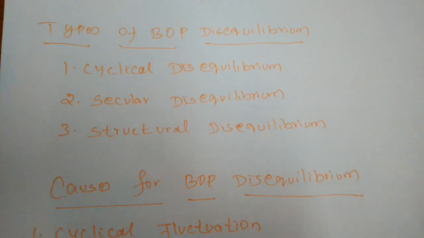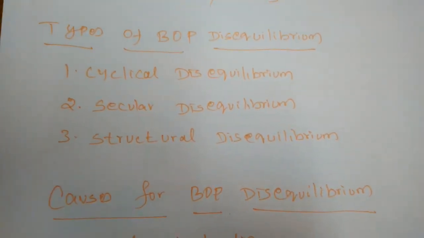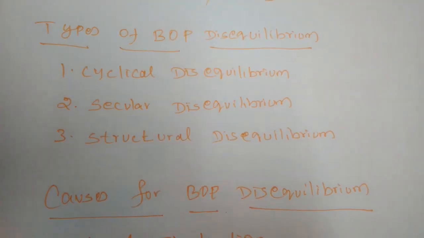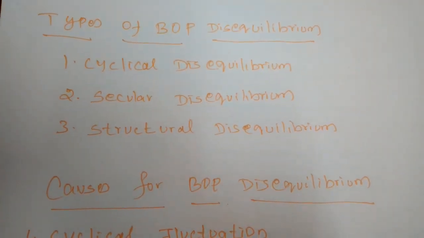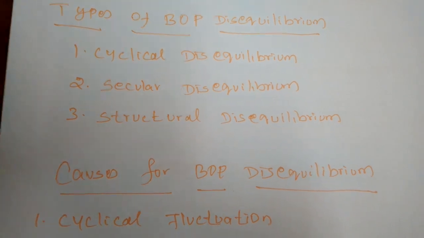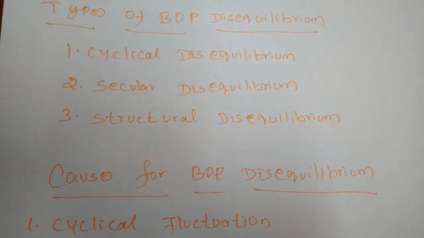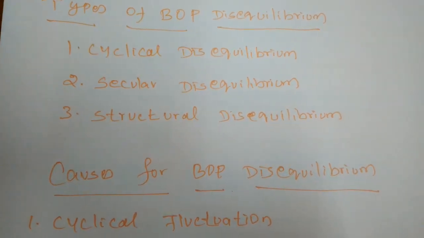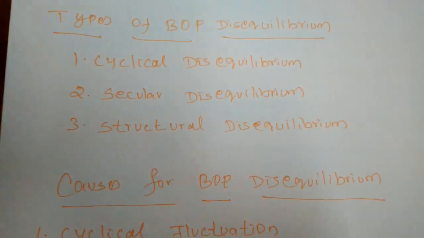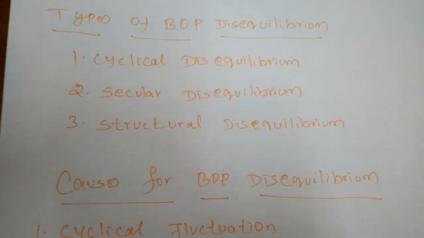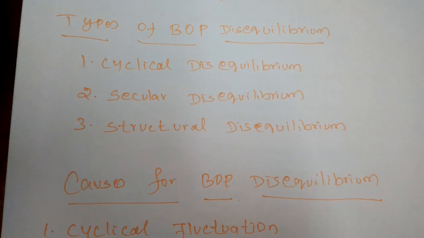We have already studied the phases of the trade cycle. All nations will be facing different phases of the trade cycle. Suppose one nation is in a boom situation and another trading country is in depression, then imports and exports will differ.